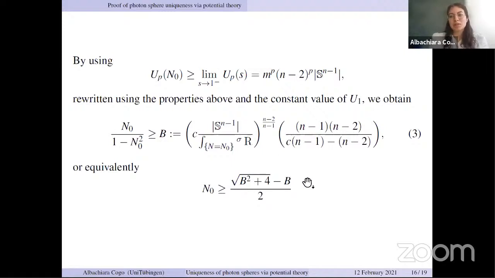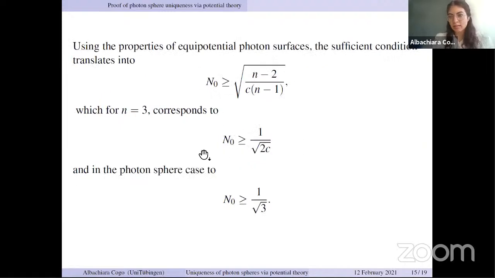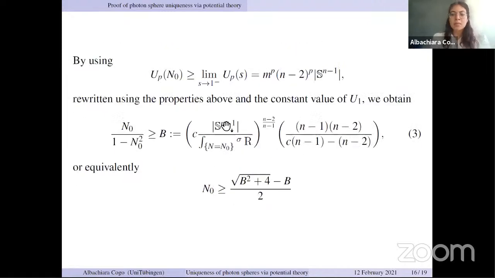And this is possible, of course, in dimension 3 using Gauss-Bonnet, since it's possible to prove that the photon sphere is actually a topological sphere. So we can use Gauss-Bonnet and find an upper bound for this integral and actually get what we wanted and conclude. But we have to work first of all in dimension 3, because in higher dimension we have no analogue of the Gauss-Bonnet theorem, and also we have to impose that this level set, the equipotential photon surface, has only one connected component.